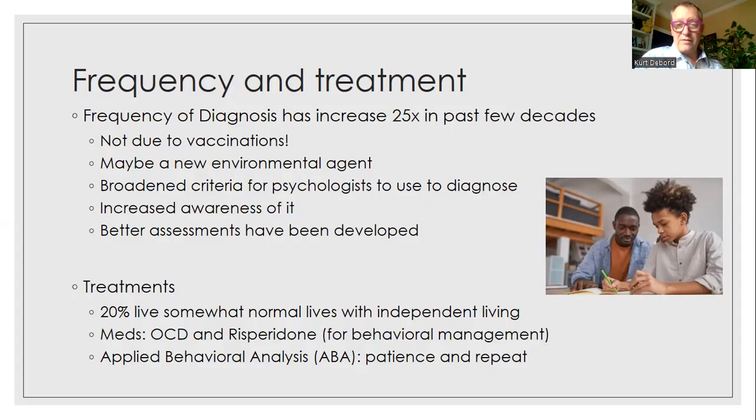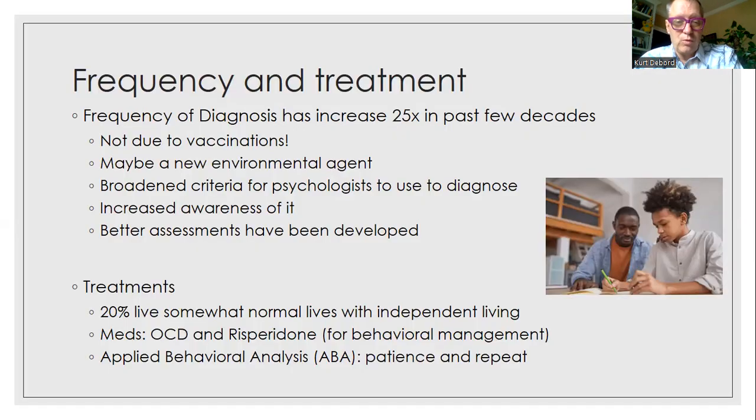Treatments: about 20% of kids with ASD go on to live somewhat normal lives with independent living. Treatments can include SSRIs for OCD-type symptoms, some of the repetitive behaviors.